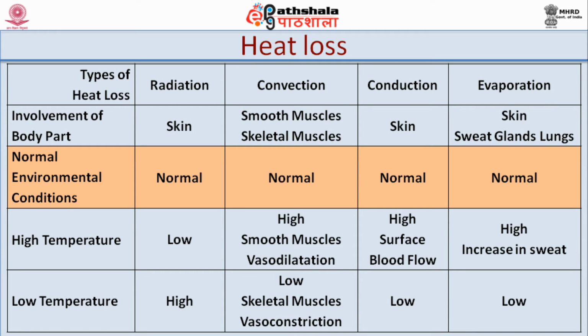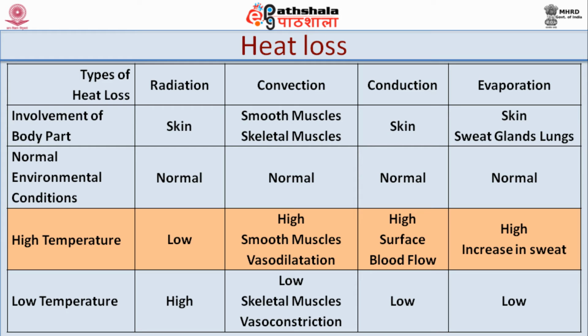However, when you are exposed to high temperatures, radiation is not very important. It plays a small role, whereas convection is very high, and here the smooth muscles are very important, and therefore heat loss occurs by vasodilation. Similarly, conduction is also very high, and the surface blood flow will be very high. Evaporation is also high, and an increase in sweat is one of the ways that heat is lost at high temperatures.